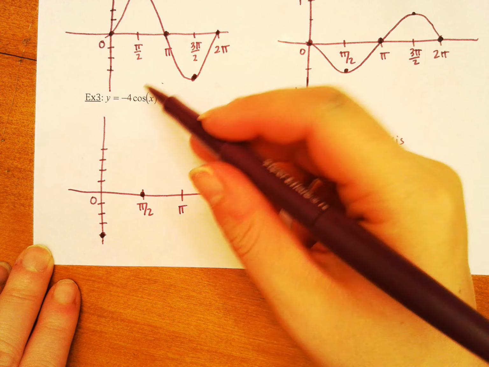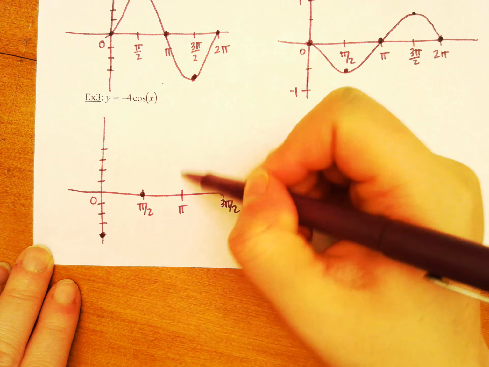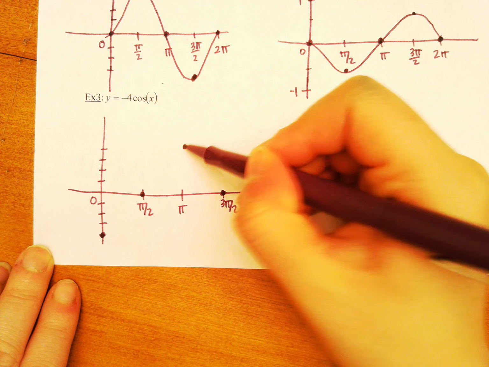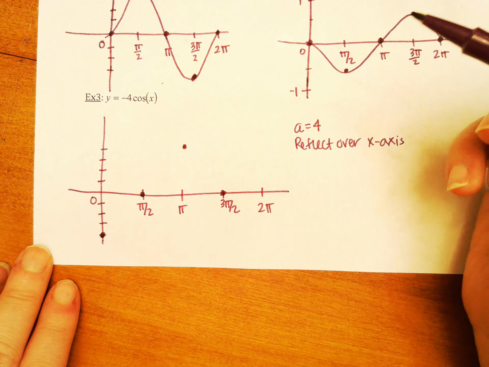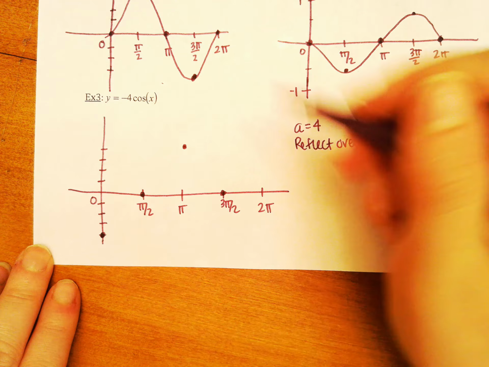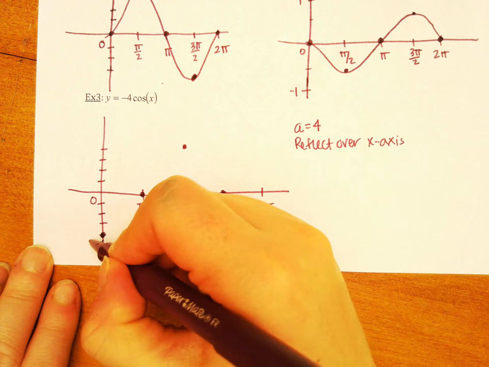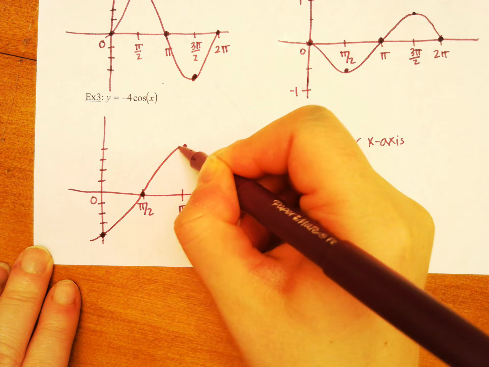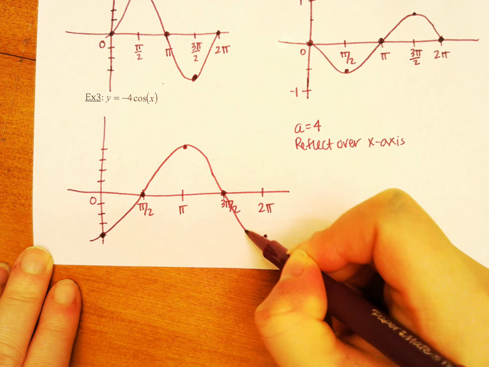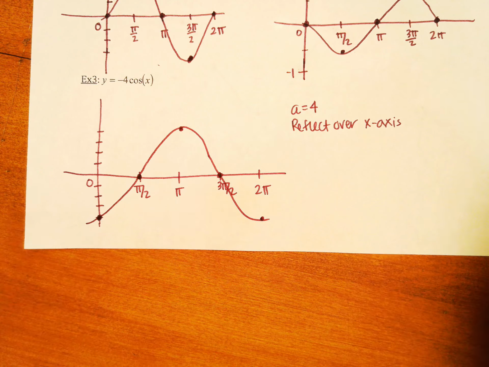Same thing here, if I plug in pi, cosine of pi is -1, -4 times -1 is +4, which is why we're plotting it up here above our x-axis. And then at 2 pi, that's a coterminal angle with 0, so we should get the same value. So down here at -4. And there we go. There's our cosine reflected over the x-axis with that amplitude of 4.